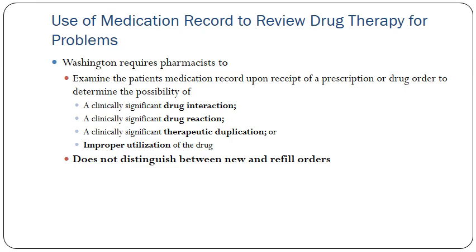It includes that on the receipt of a prescription or drug order, a dispenser must examine the patient's medication record visually or via an automated data processing system to determine the possibility of either a clinically significant drug interaction, drug reaction, therapeutic duplication, or an improper utilization of the drug. Also, the dispenser must consult the prescriber if needed, and orders can be modified in the system.